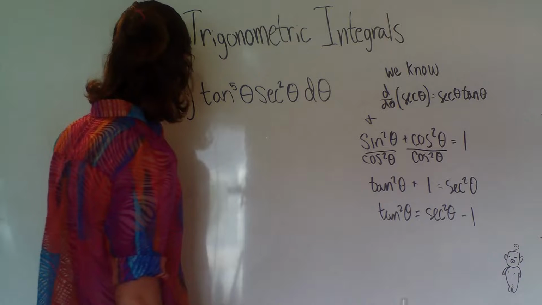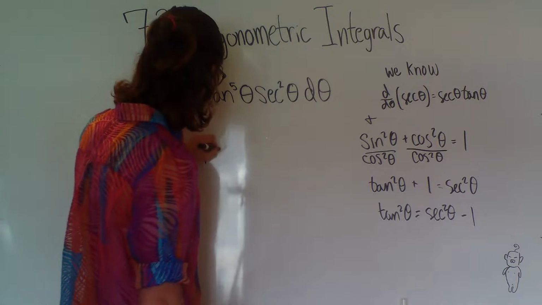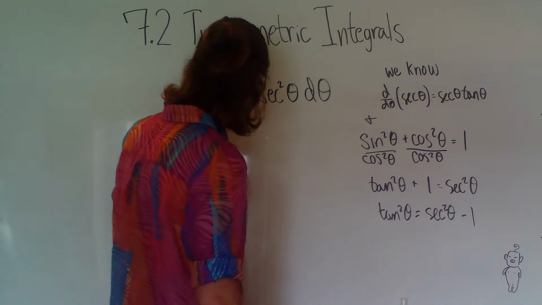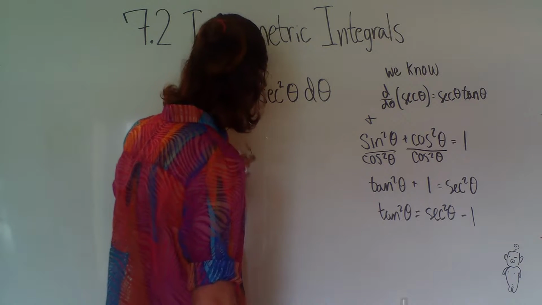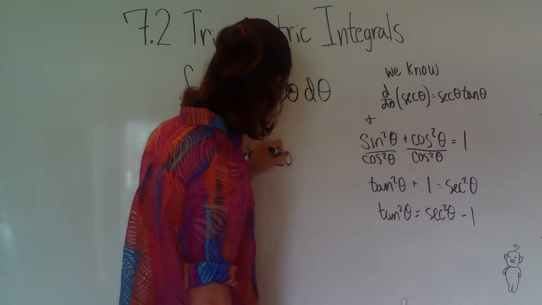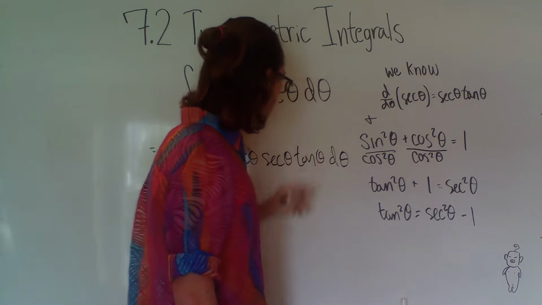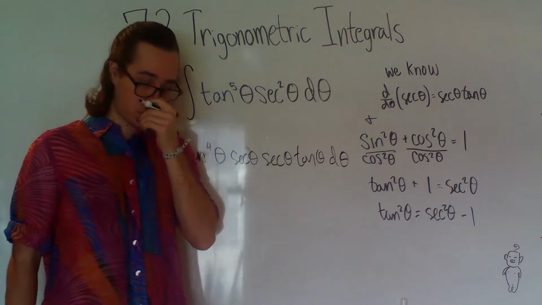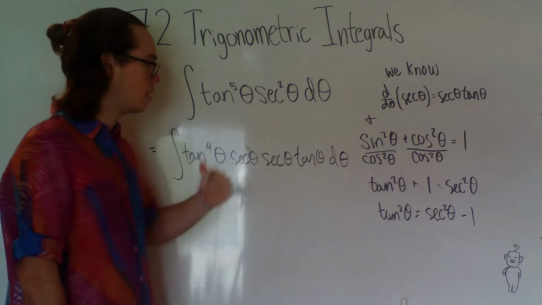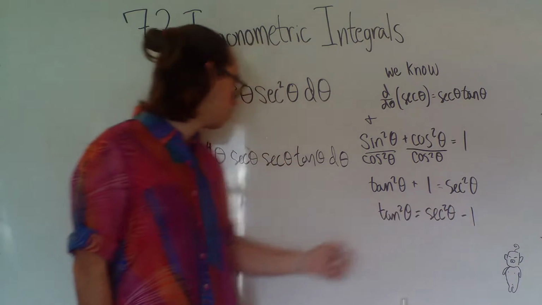Well, we could rewrite this as the integral of tan to the 4th theta secant theta times secant theta tan theta d theta. Next, we can convert this tangent into secants, because we can say tan squared theta is equal to secant squared theta minus 1.